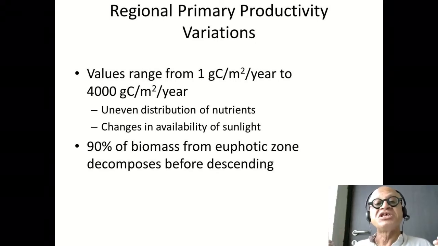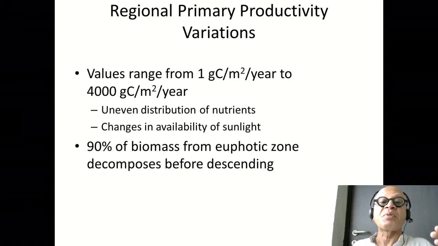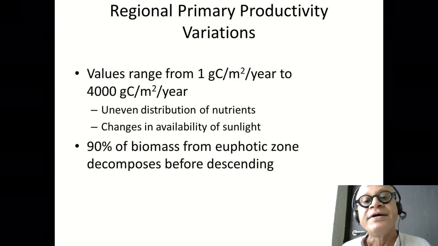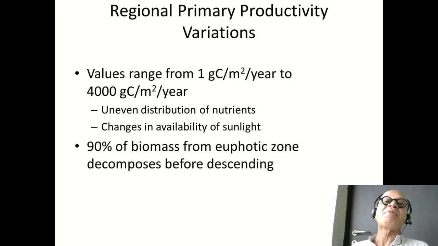And mosquitoes move with temperatures, so even at higher latitudes you are now getting more mosquito populations, which means more mosquito-borne tropical diseases coming into mid-latitudes, right? Like chikungunya and the Lyme disease and so on. Anyways, regional primary productivity variations are important.